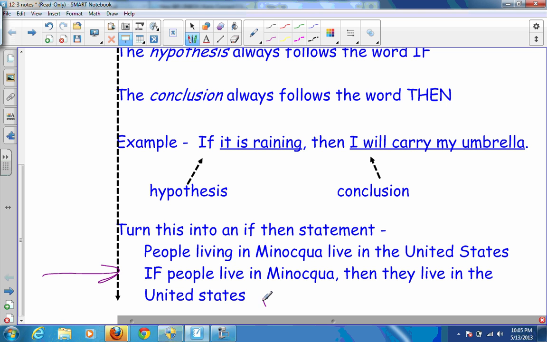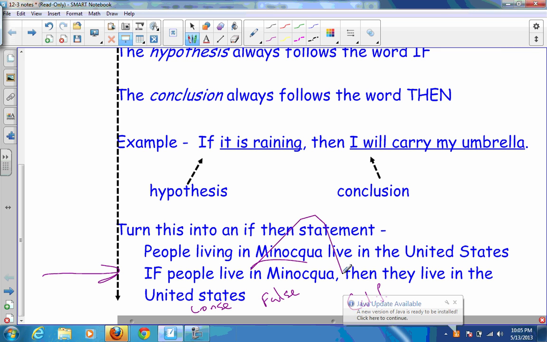And that is also false, because if people live in California, they would still live in the United States, but they would not live in Minocqua. So does that make sense, guys? Sometimes the converse is true, sometimes it is not.